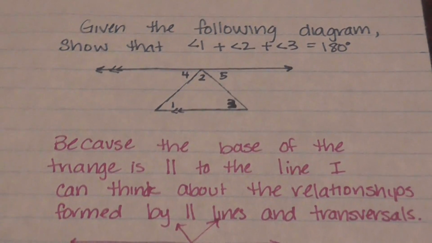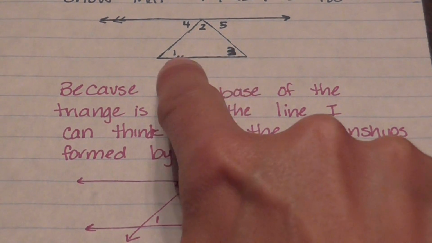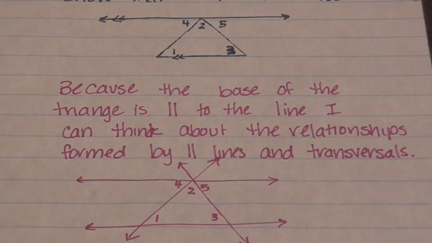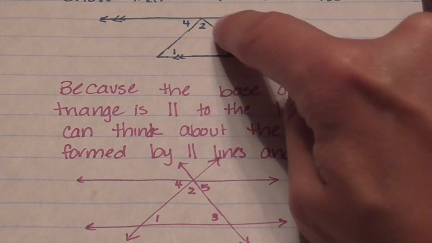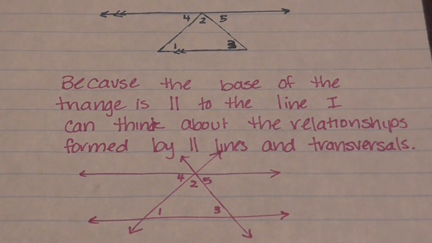So what we can see is that the base of the triangle, which is right here, is parallel, that's these little marks, to the line that's above it. Whenever I see parallel lines and other line segments connecting those parallel lines, you need to start thinking about the relationships that are formed by parallel lines and transversals.